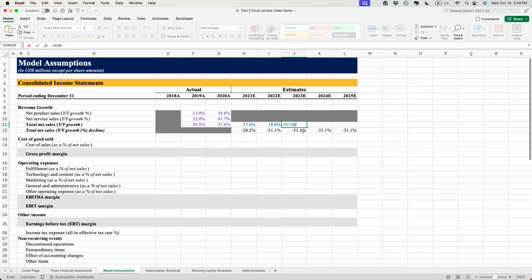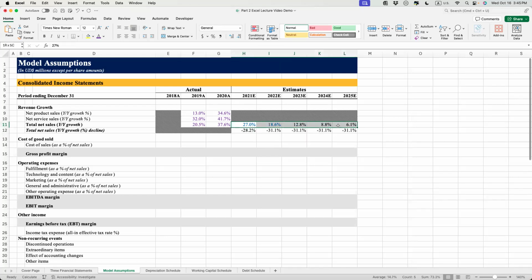So we multiply by 1 plus this negative value. Based on this assumption, from 2022 to 2023 Amazon is going to be able to increase their sales by 12%, which is not as high as the previous year's sales growth rate. And then we're going to keep this trend continuing for future years.